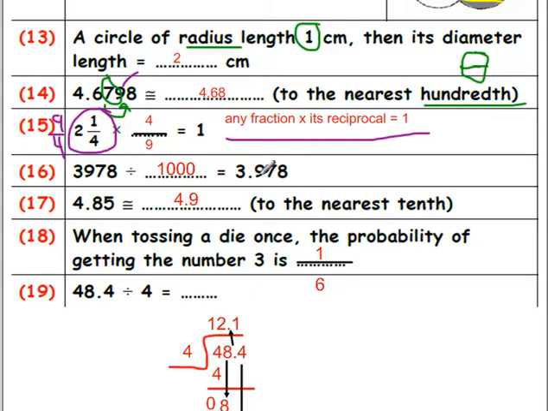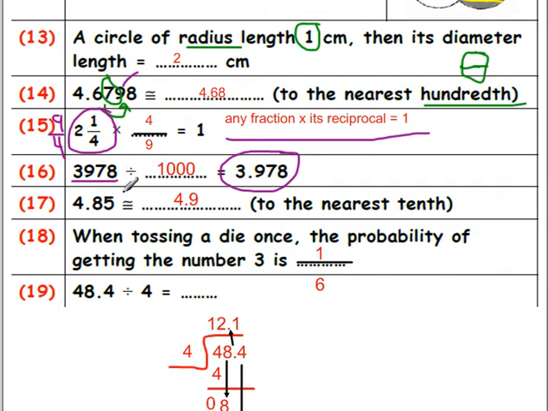Number 16. 3,978 divided by what equals 3.978? Here I don't have a point, but in the result I have a point. The point is after how many digits? After 1, 2, 3. So I divide by 1000.